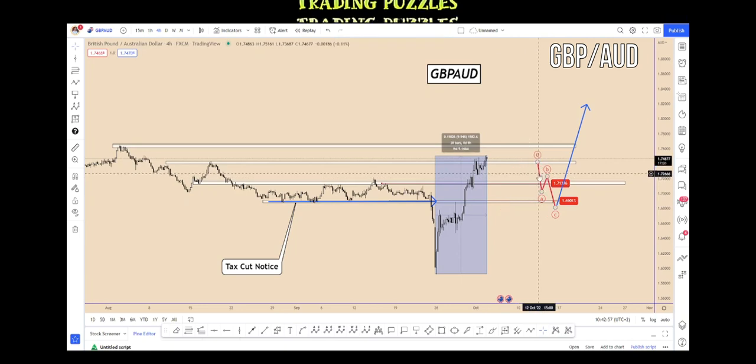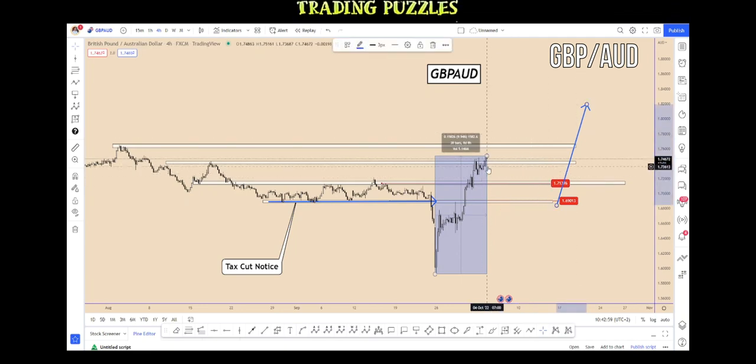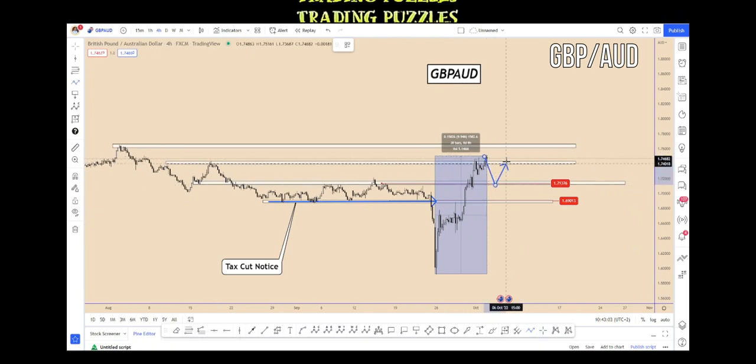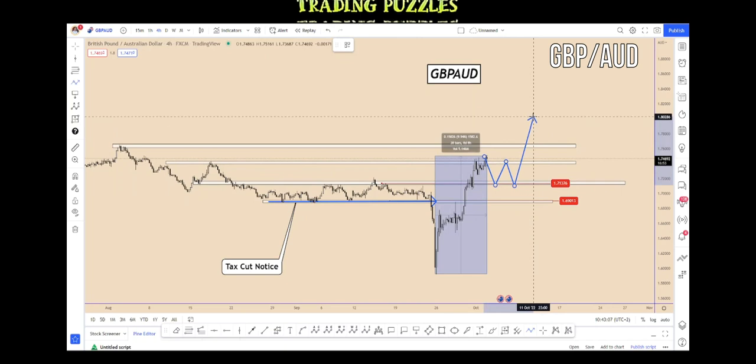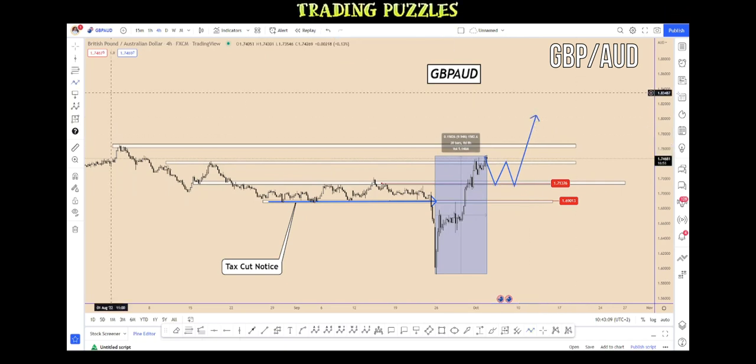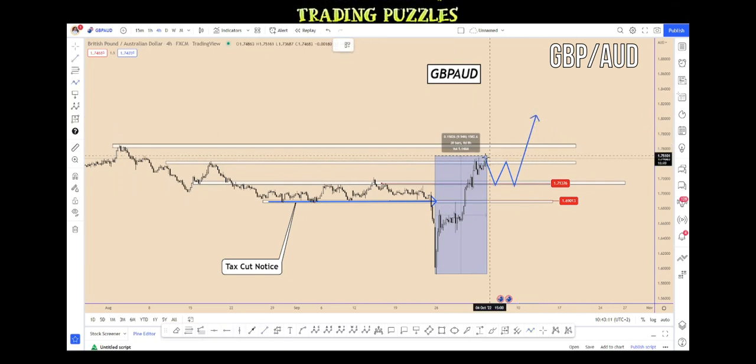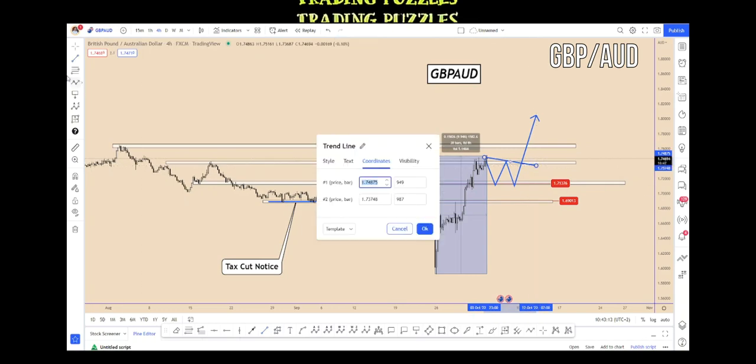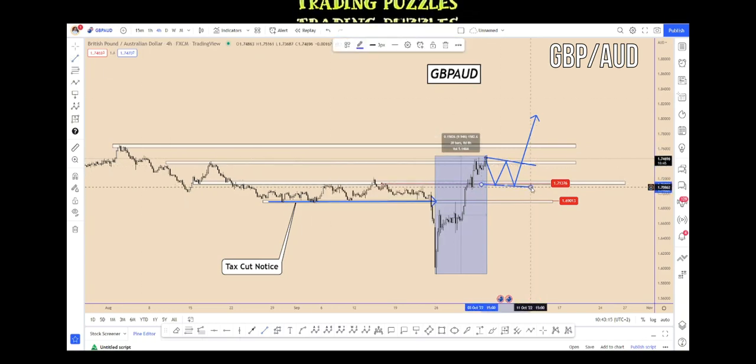In my opinion, considering that price is actually on the top, we need to wait for this bullish movement to complete. It can be completed also in this way, and after that we need to take any action for GBP and Australian dollar.